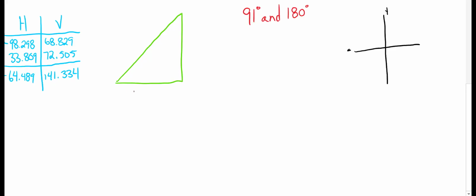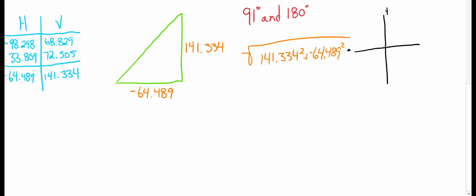My horizontal, negative 64.489. My vertical, 141.334. Use Pythagorean Theorem to solve for that. So 141.334 squared plus negative 64.489 squared, square root.